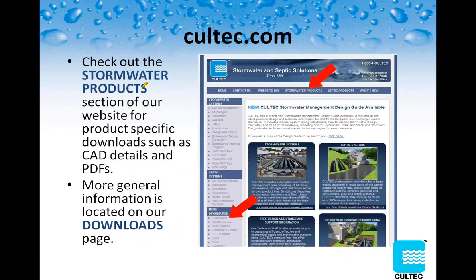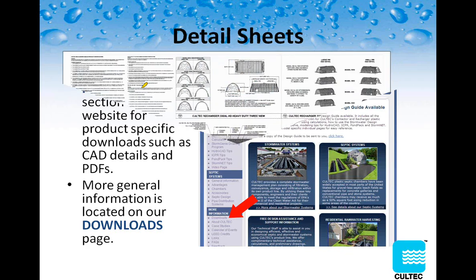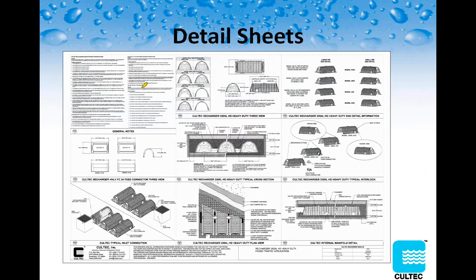And for our website, if you go to cultec.com, check out the stormwater product section for specific product downloads, such as CAD files and PDFs, and if you go into the download section, there's some more general information located there. And then we also have full detail sheets that you can put into your blueprints.